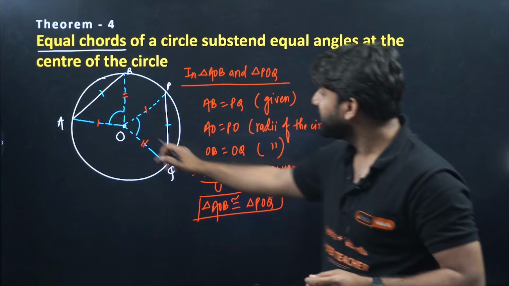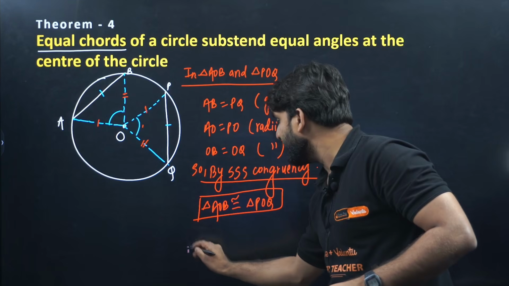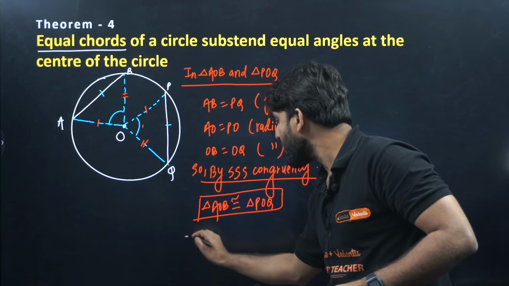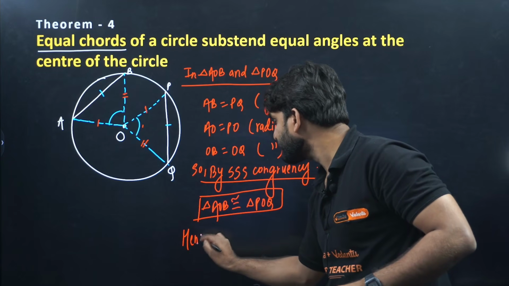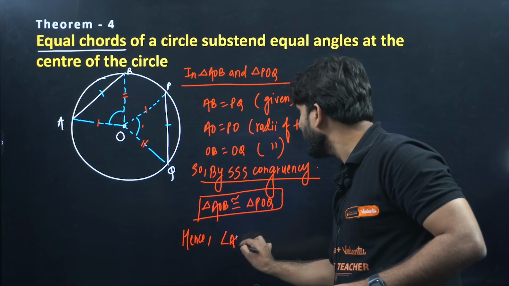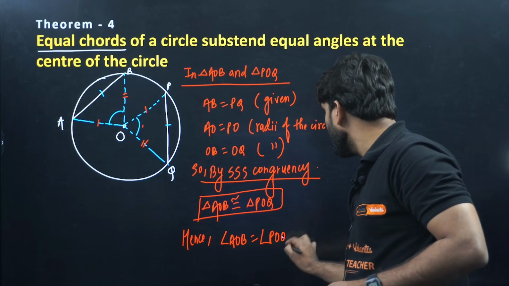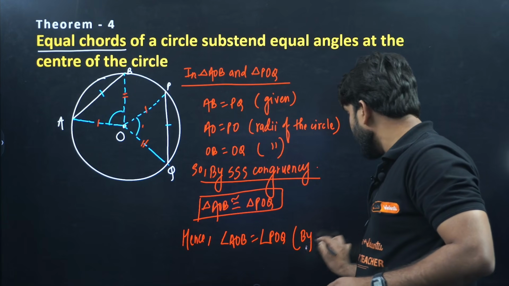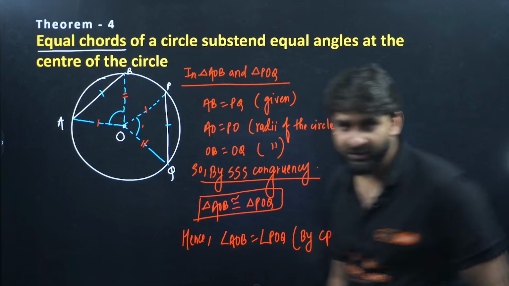And it implies this angle will have to equal this angle. So hence we can write here, angle AOB is equal to angle POQ by CPCT, corresponding parts of congruent triangles.